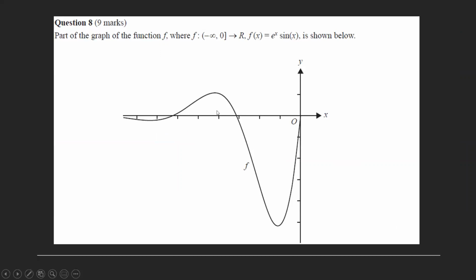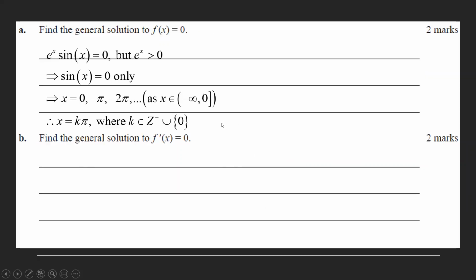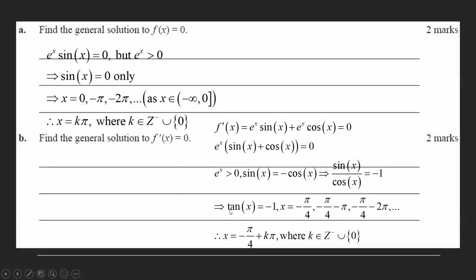And how about this one? Well, you need to think about the periodicity of the tangent function. The period of tangent is pi. So you subtract another pi from minus pi over 4, subtract 2 pi from minus pi over 4, etc. So your reference angle is minus pi over 4 plus k pi, or you can say minus k pi.